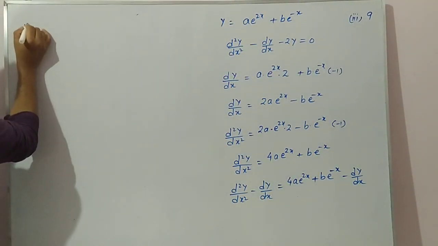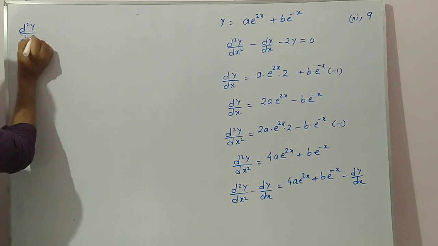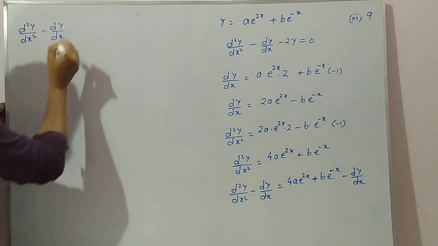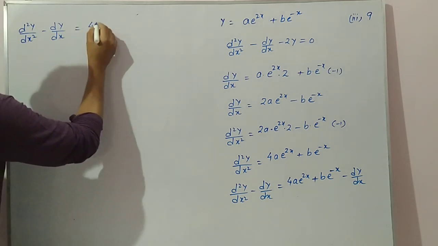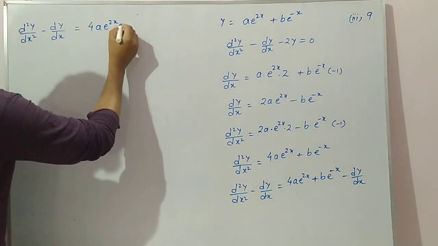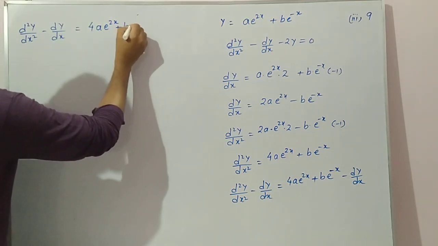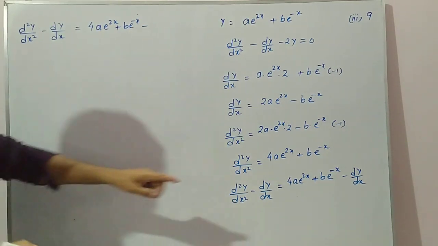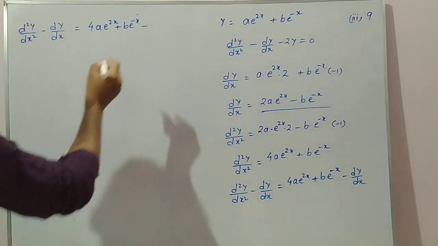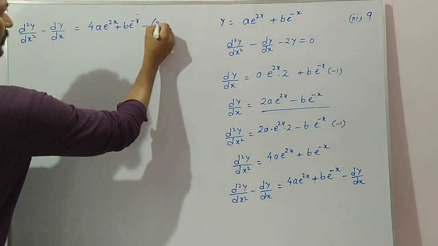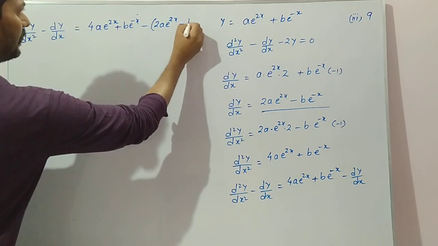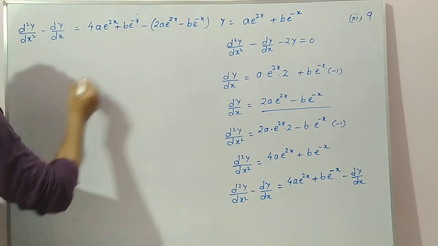So d2y by dx square minus dy by dx equal to 4a e to the power 2x plus b e to the power minus x minus dy by dx. This is the value of dy by dx, just put it: 2a e to the power 2x minus b e to the power minus x.